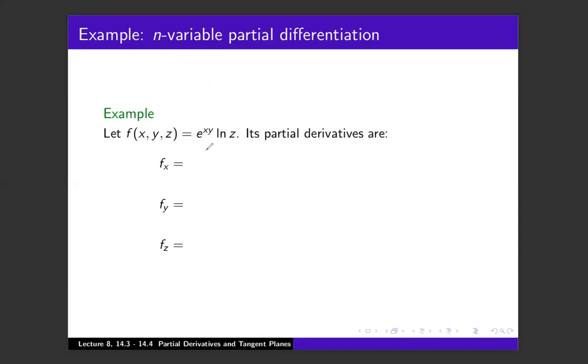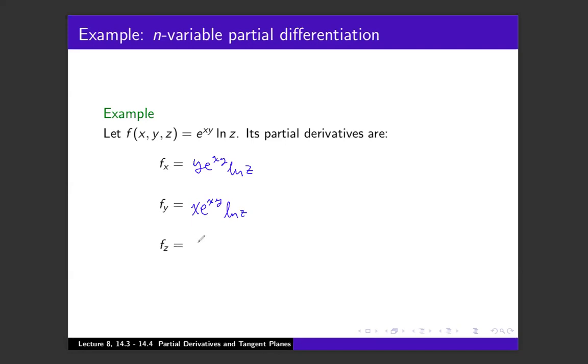So you differentiate with respect to x. ln z is still constant because z is constant, but y is also constant, so you bring down y. This becomes y e to the xy ln z. Similarly, if you differentiate with respect to y, you would get x e to the xy ln z.